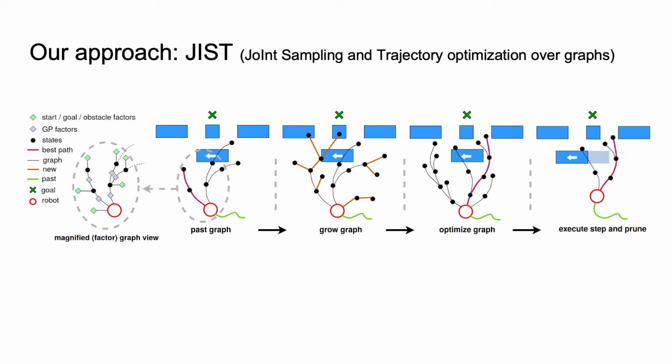We then execute the optimal action determined by the newly optimized graph. After that, we prune the graph to remove any unreachable nodes on it. While doing so, we also update our environment representation based on the latest sensor observations. This process is then simply repeated until we reach the goal.